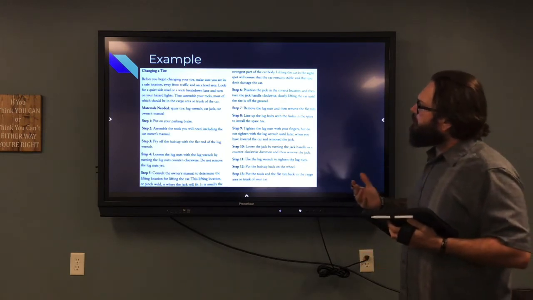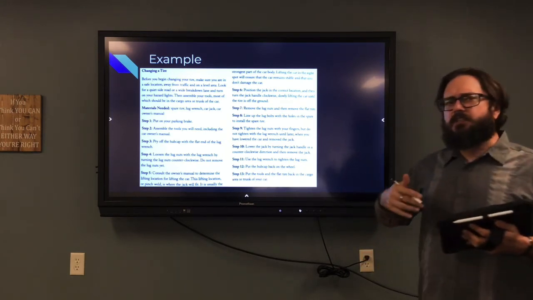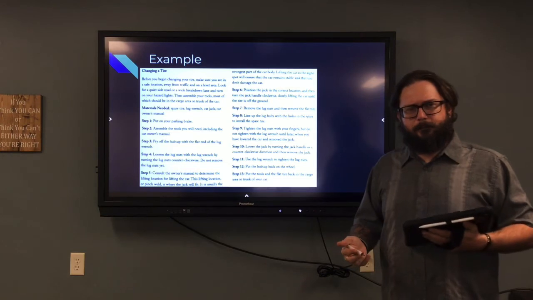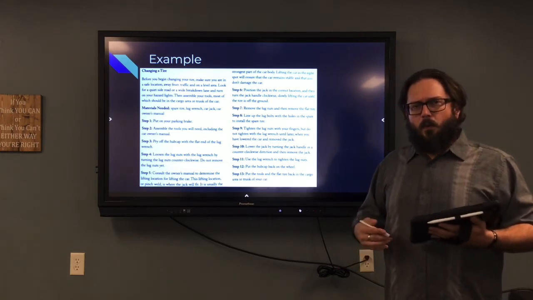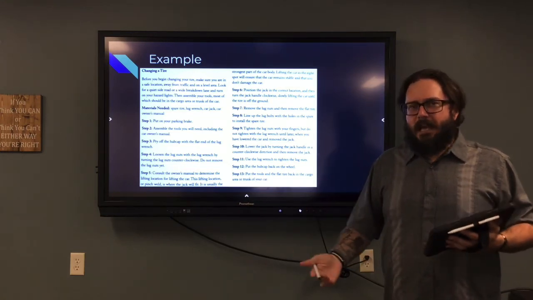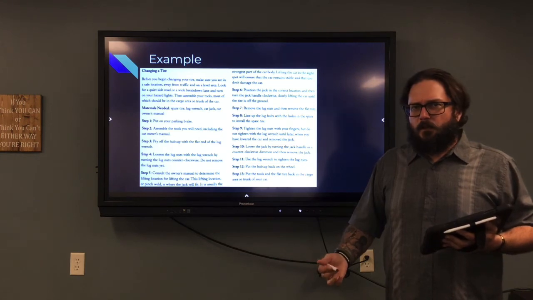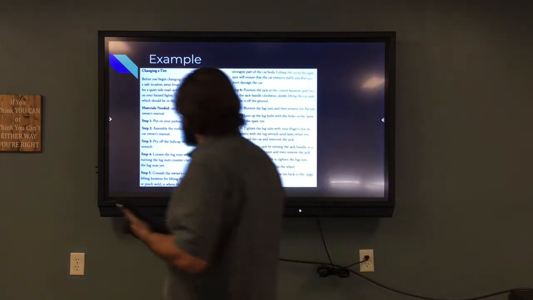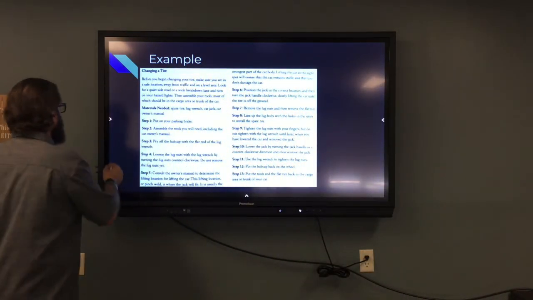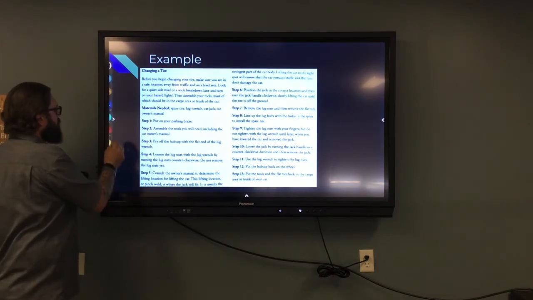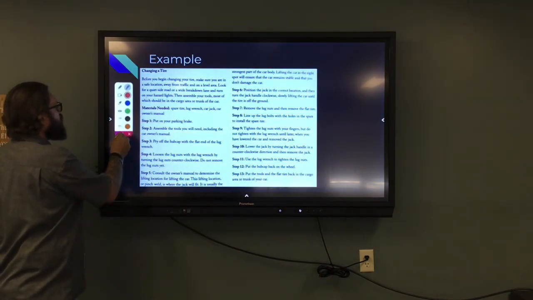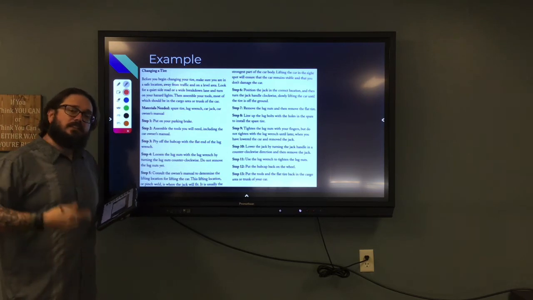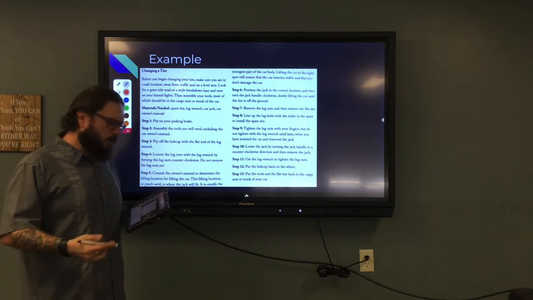So let's think about that for a moment. Step 1 is to put on your parking brake. Why do we need to do that? Well, if we look closely at the opening paragraph, it provides us with clues to explain why step 1 is putting on the parking brake.